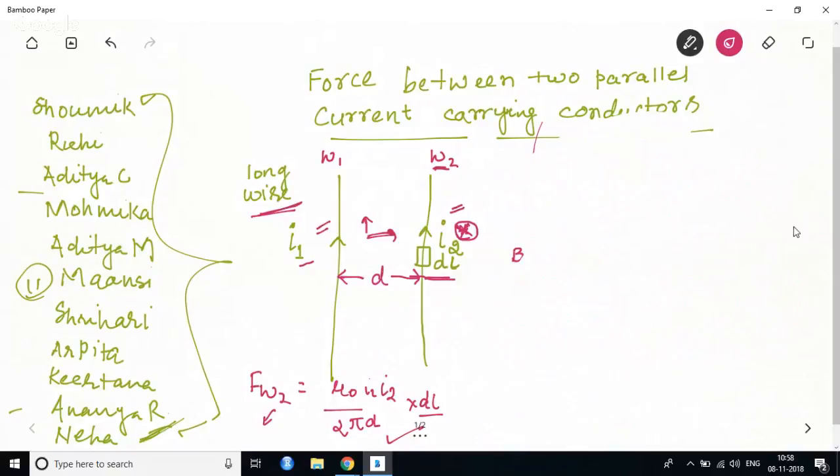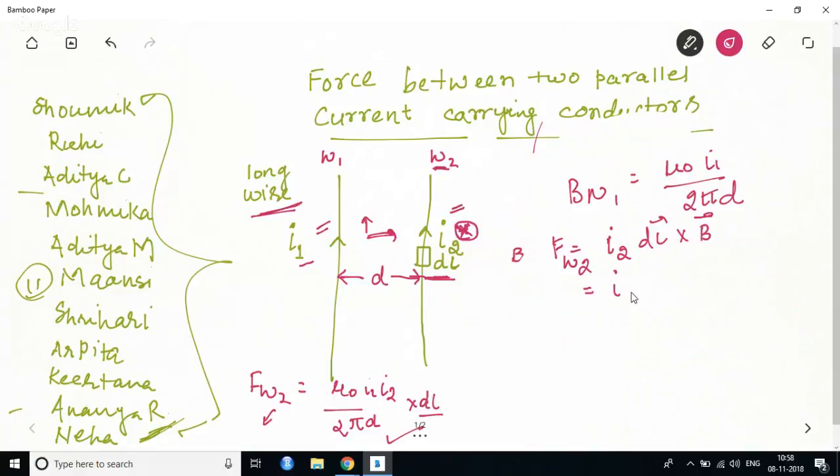I'll explain once more. So I have to find out the force at this dl. B due to the first wire would be mu naught I1 divided by 2 pi d, because it's a long wire. Force at wire W2 would be equal to I2 dl vector cross B vector. Now I have already explained that the angle between them is 90 degrees, so it would be I2 dl, and this B would be due to wire 1. And B1 is mu naught by 2 pi I1 divided by d.